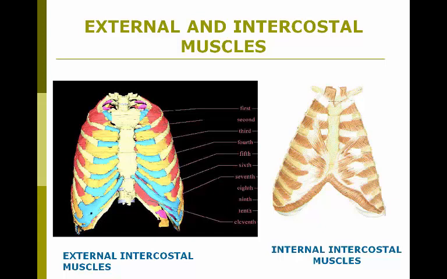But they've been cut in a coronal or frontal section such that most of their ribs and all of the back part of that individual is gone. So you're just looking at the posterior area of the anterior chest wall, or the back of the front of the chest wall.